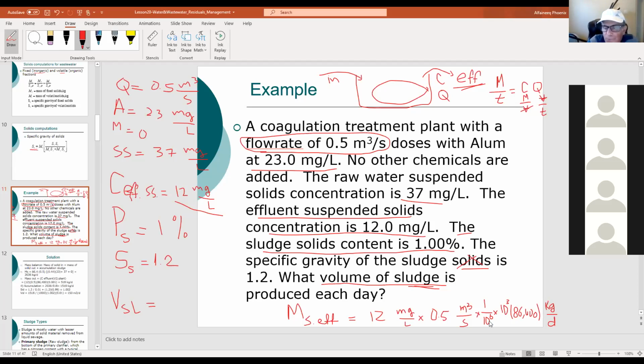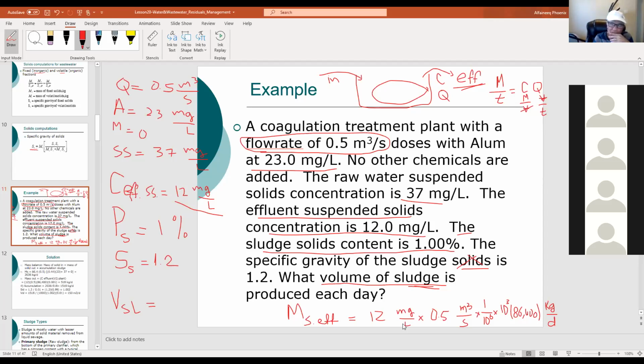There is something wrong with these numbers. Milligrams per liter, I think, is the same as gram per meter cube. Oh, I think you're right. Okay, try this. Give me an answer, please. Let me see.